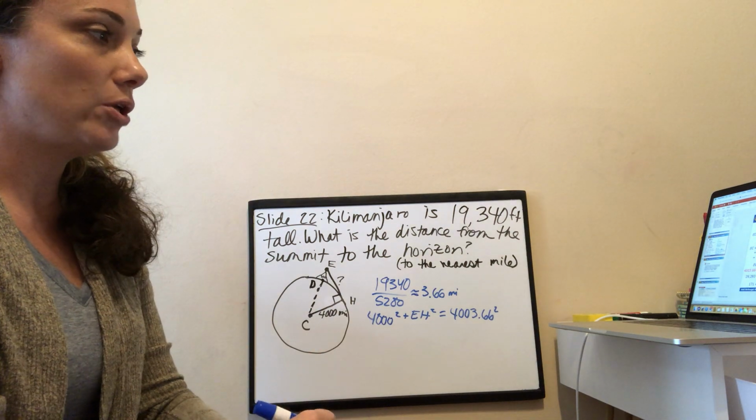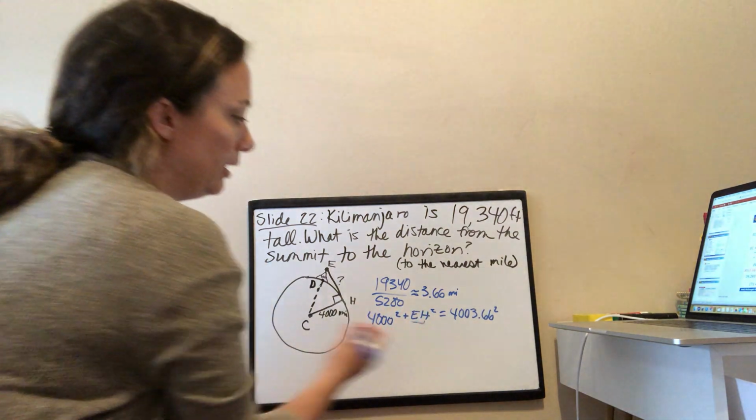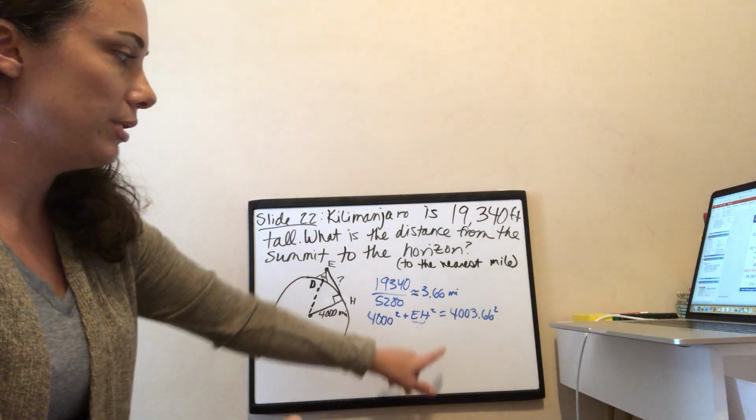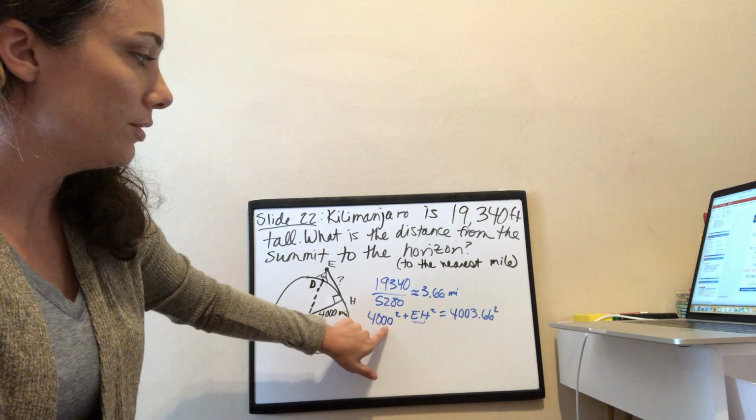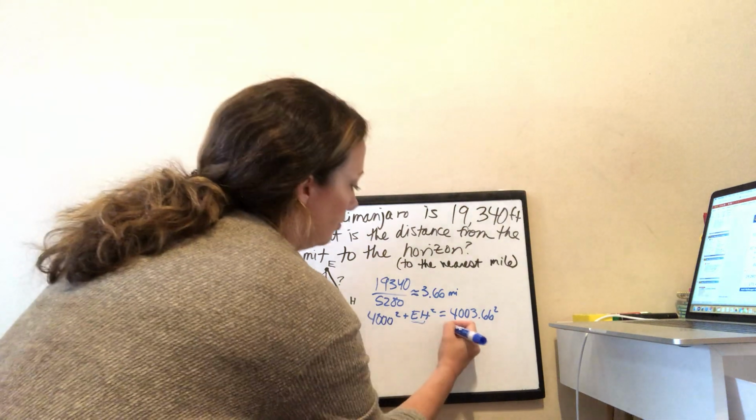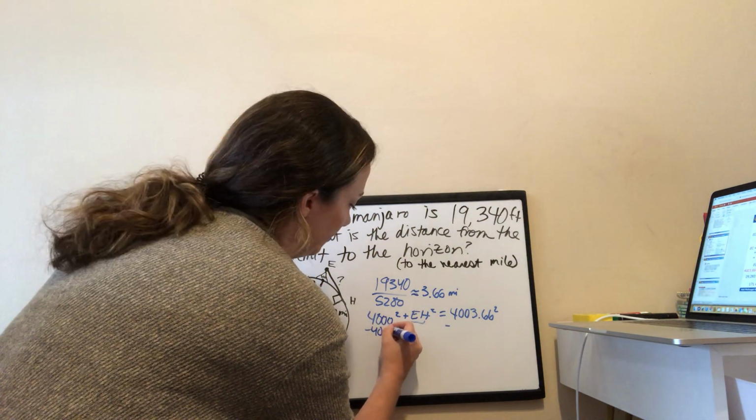Okay, so now we just have to solve for EH. So what we're going to do is subtract this 4,000 squared. Just move it over to the other side.